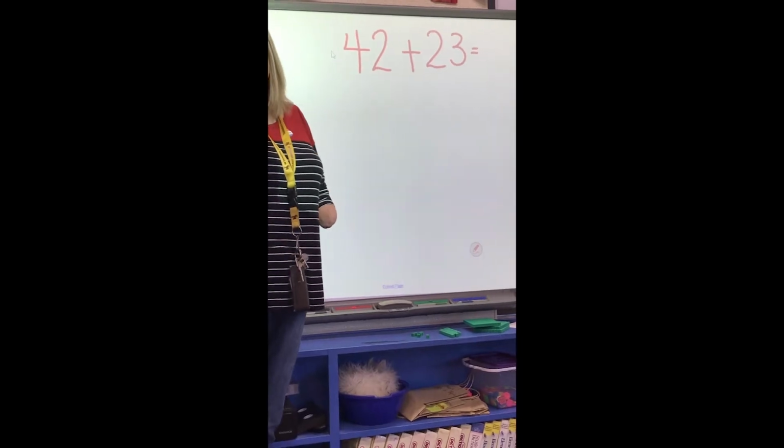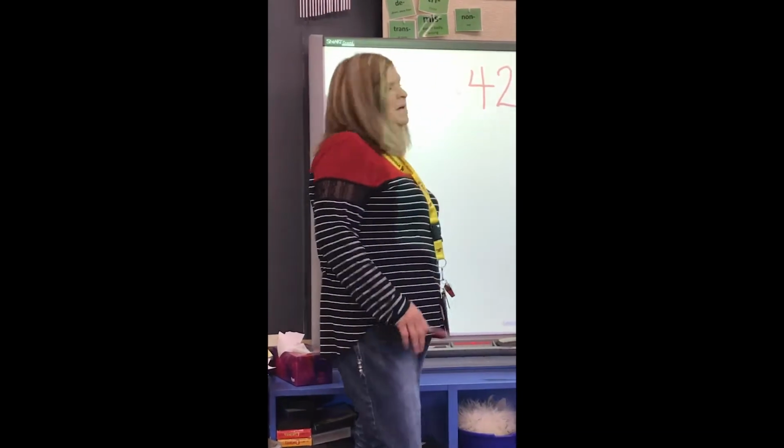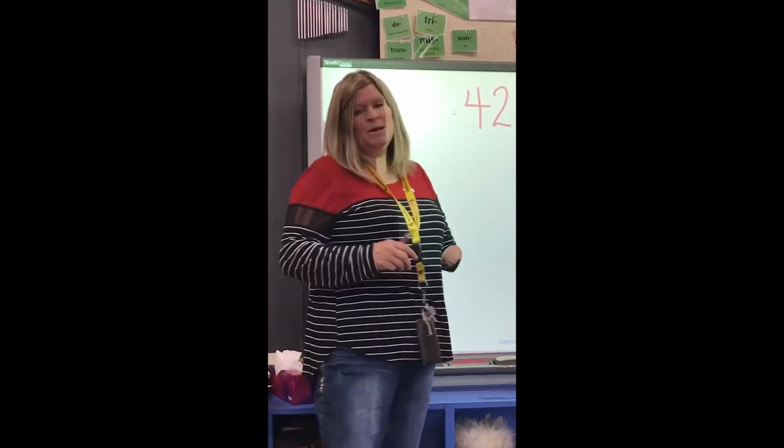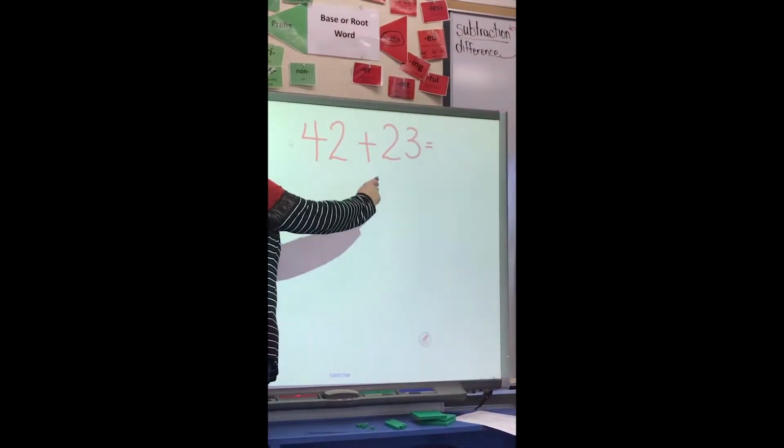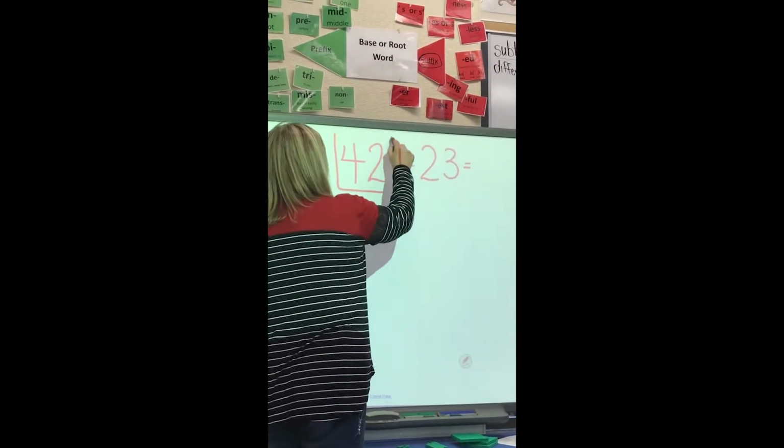Once students understand place value, we can start to show them how to add numbers together. We try to get away from the picture drawing because we want them now, in about mid-fall in second grade, to be able to decompose a number, and sometimes we call that putting it in place value. So the strategy we like to teach them is that they should choose the largest number and put a box around it.